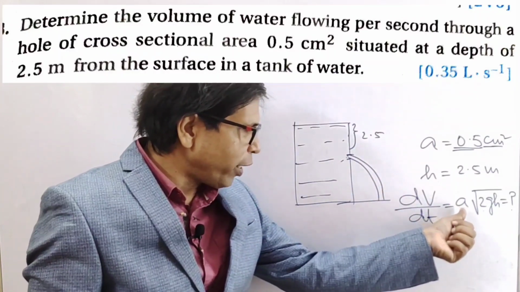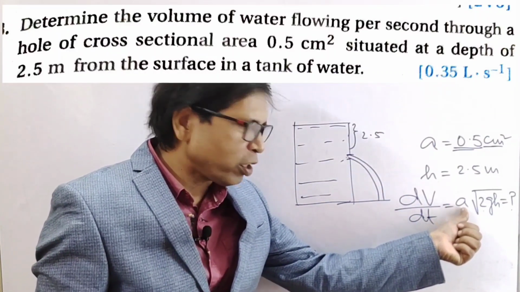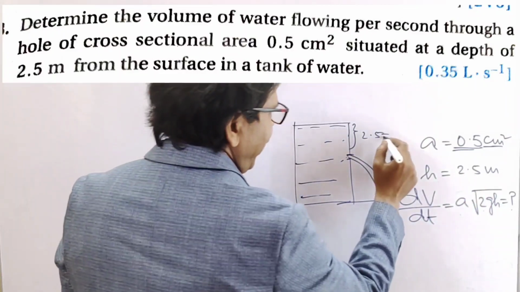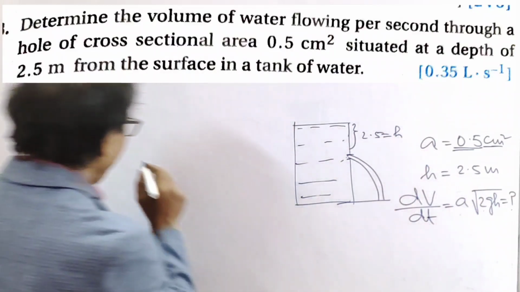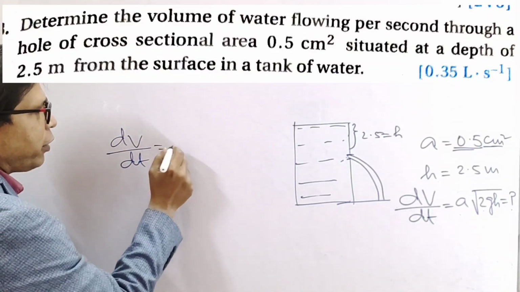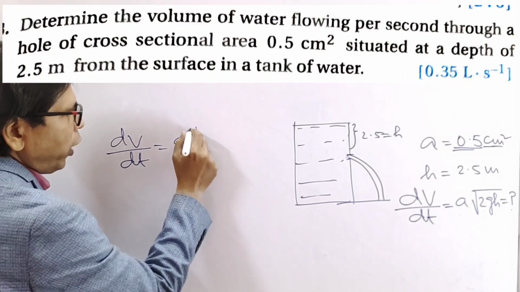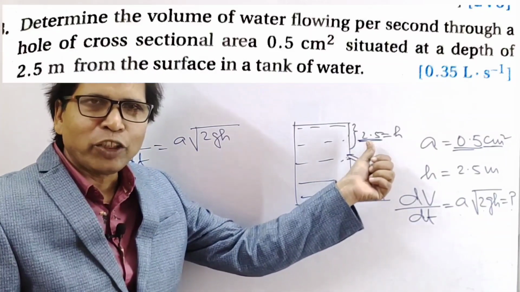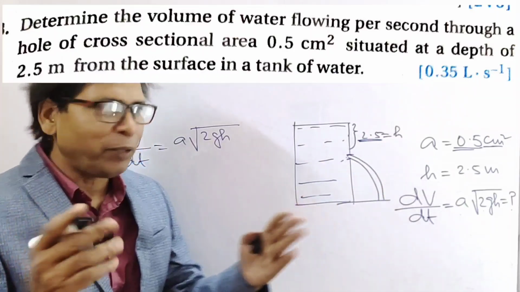So rate of flow of water through this hole is the area of cross section of the hole into root under 2gh. Here h is given. Therefore dV by dt is a into root under 2gh. Now this is in meter, it should be converted into centimeter.